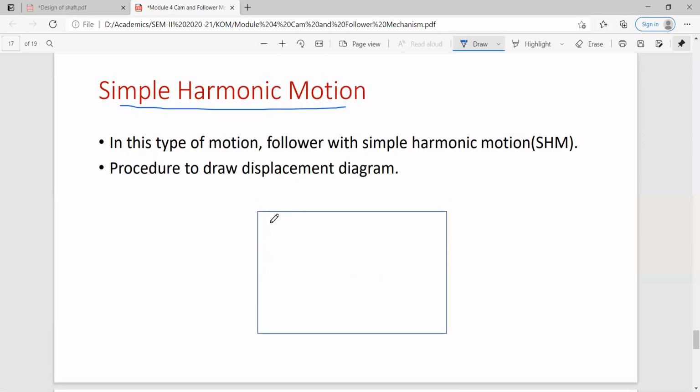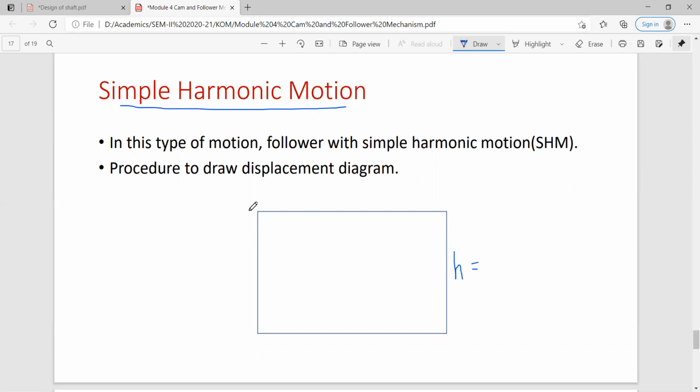Now its height will be nothing but your h, the lift or maximum travel of the follower. So accordingly you take this height. Height is not arbitrary.